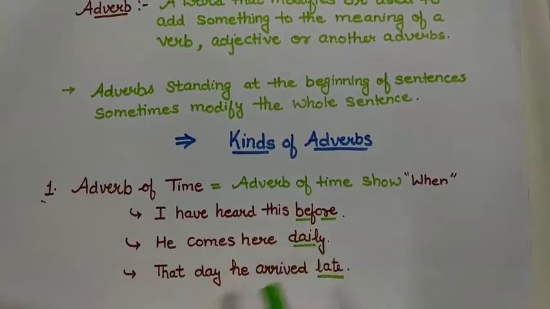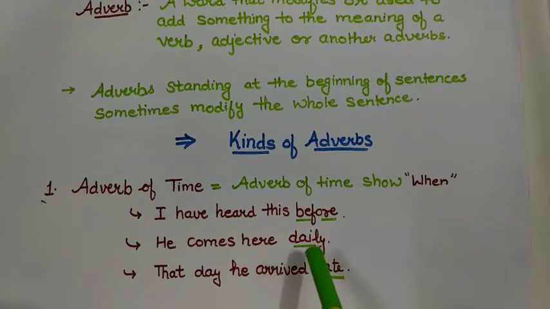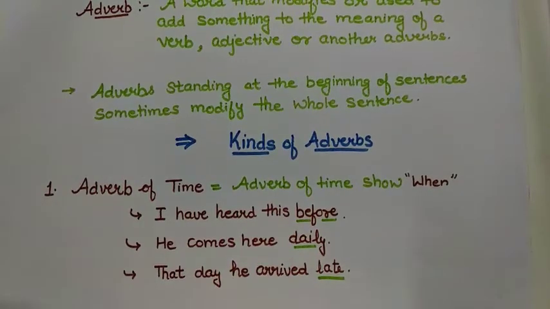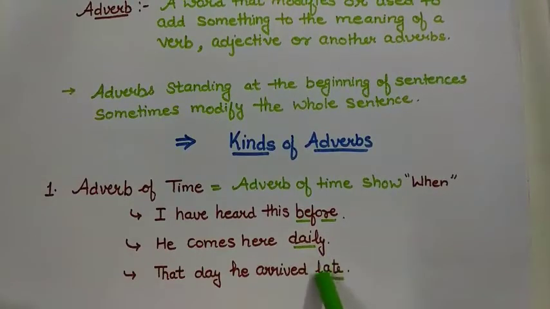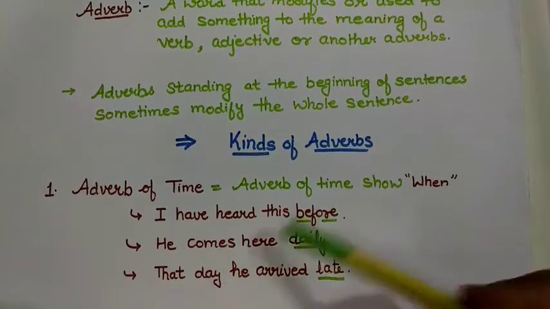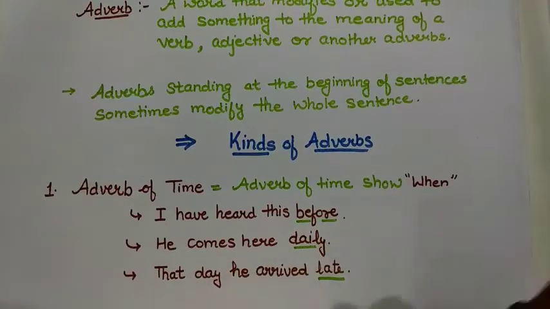Daily is again an adverb of time. Daily also comes under one more type of adverb, that is adverb of frequency. One more example: That day he arrived late. Late is again an adverb of time, telling us when he arrived. In these sentences, we can see that words like before, daily, late are showing adverb of time.